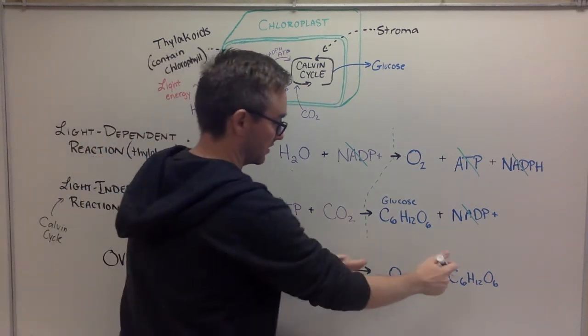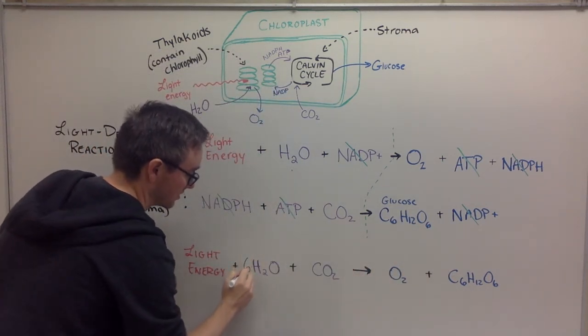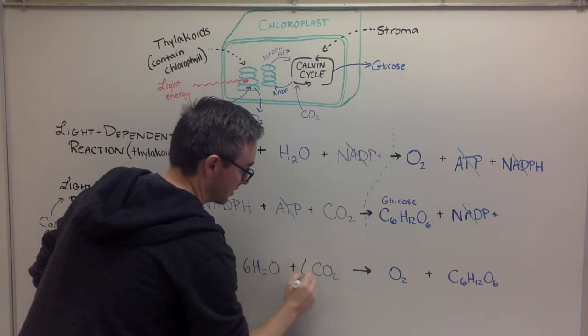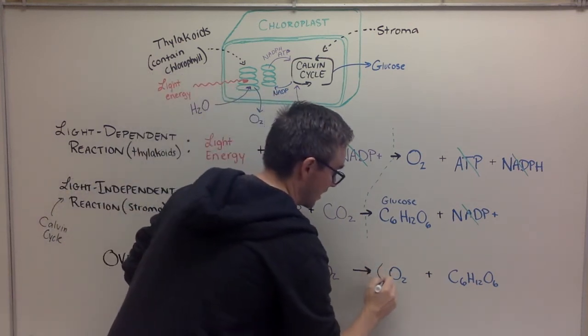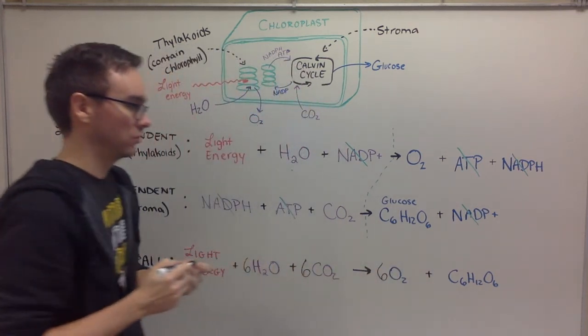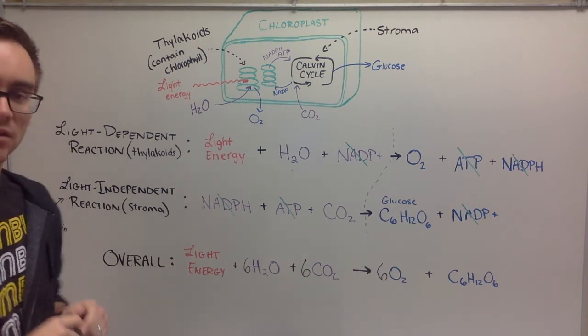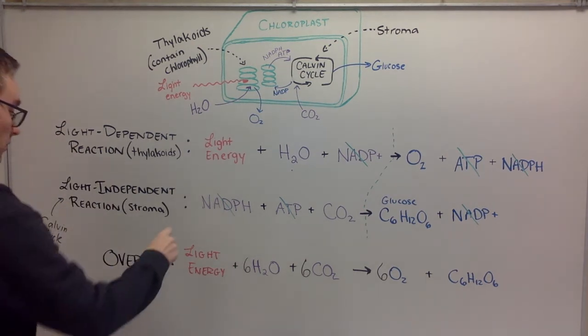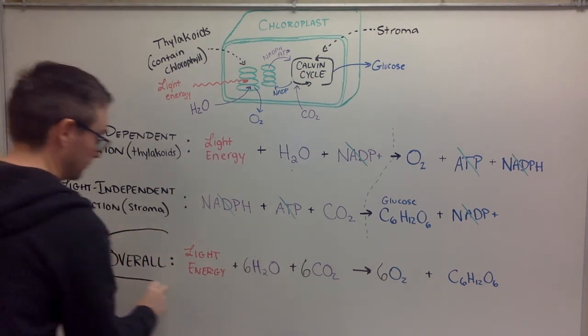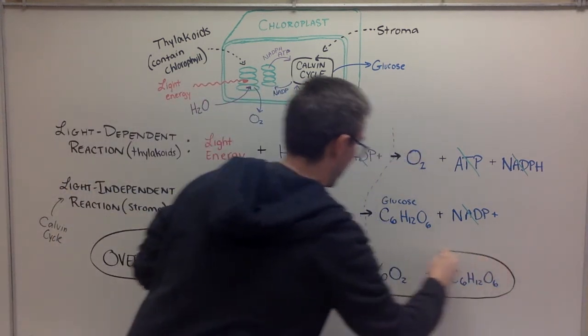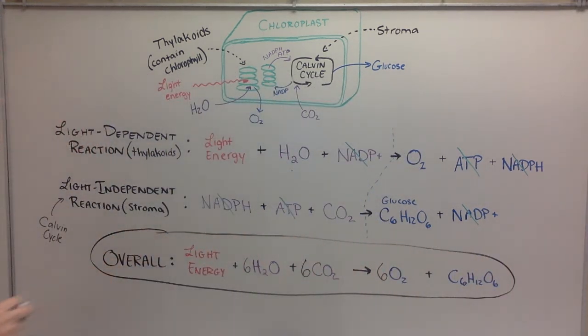If I start with this many of this, and we did that in our last video, we know it's actually 6 carbon dioxides and 6 waters make 6 oxygens and 1 glucose. You don't have to put a 1 there if there's just a 1. So here's our final reaction. But we had to do a lot of work to get there.